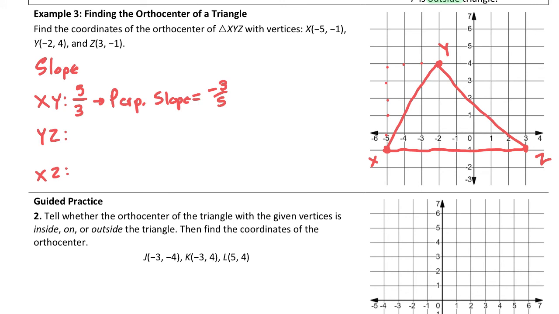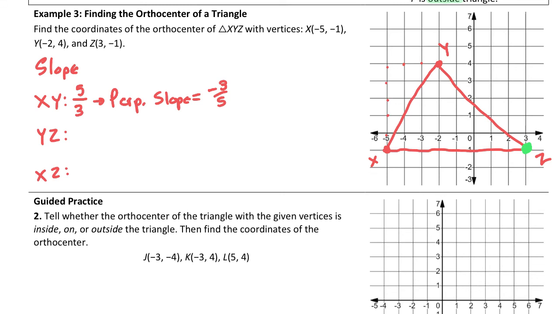Okay? So, I'm going to use blue. Or no, I'll use green. Green to show this. So I've got that slope of -3/5 for this side XY. So the way I find that altitude is I count from the opposite vertex, point Z, I highlighted that in green, and I go -3/5.